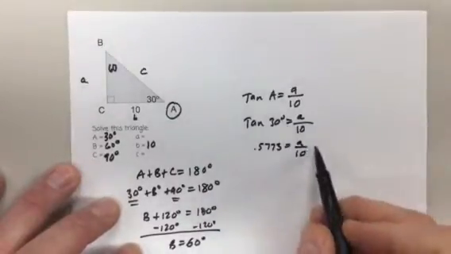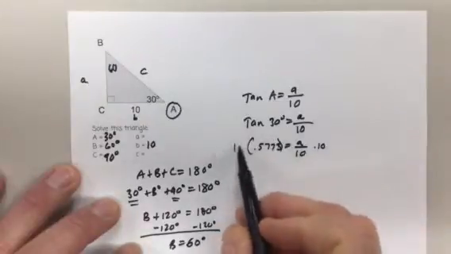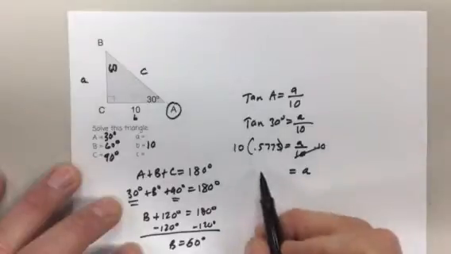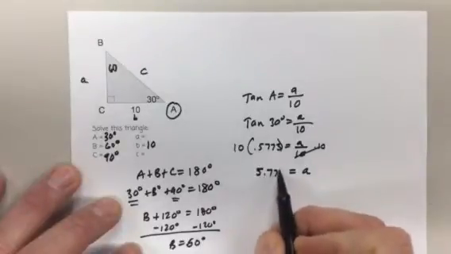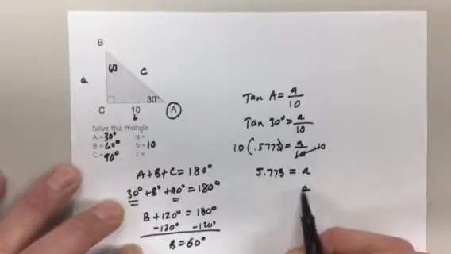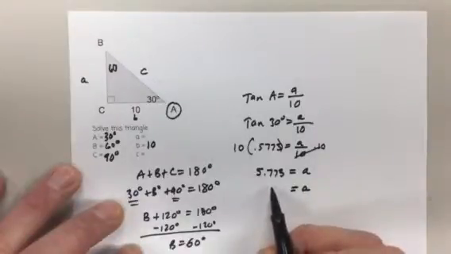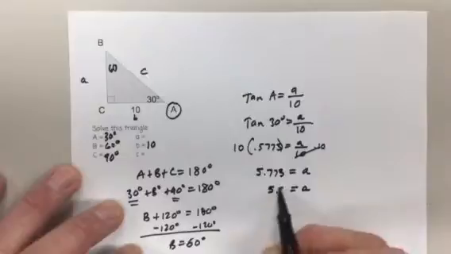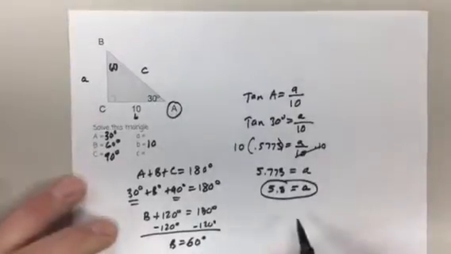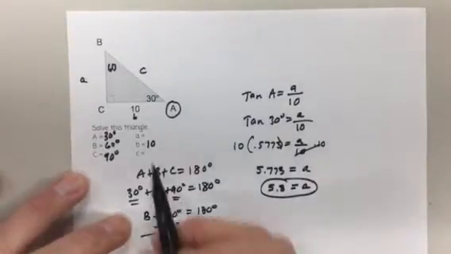Now to solve this, I simply multiply both sides by 10, and that gives me a. 10 times that is 5.773, and we're going to round that to 5.8. So now I have a, 5.8.